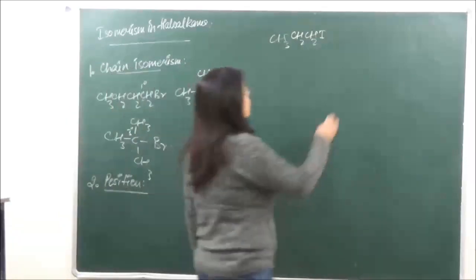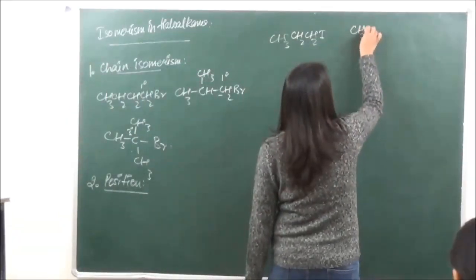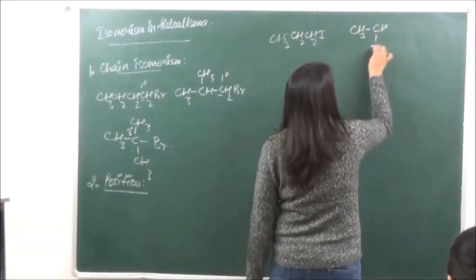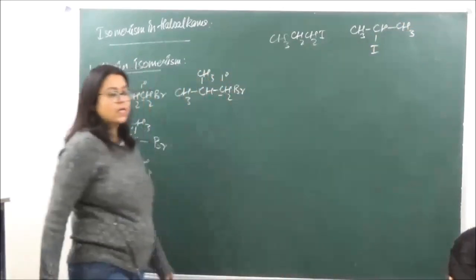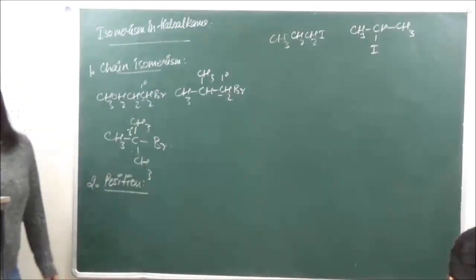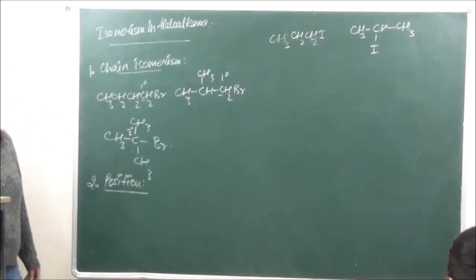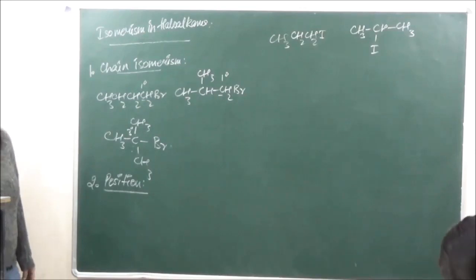If the position of iodine changes, we will have CH3, CHI and CH3. This is going to be 2-iodopropane. Okay? So the position of the halogen is going to change.